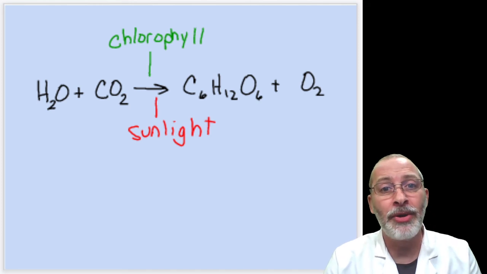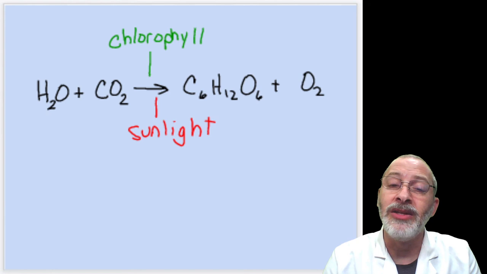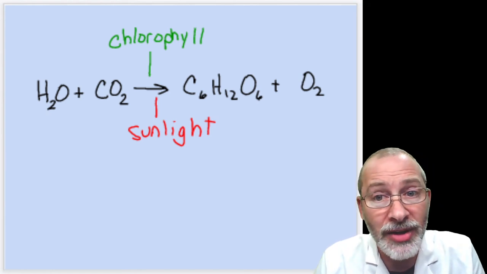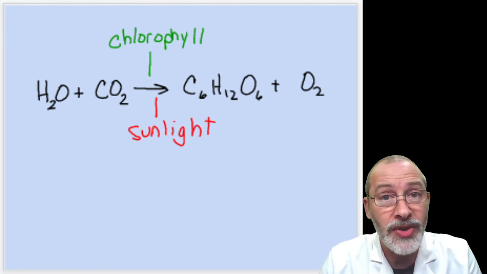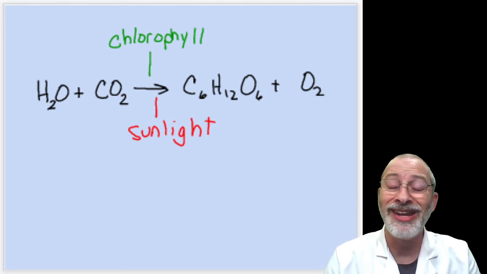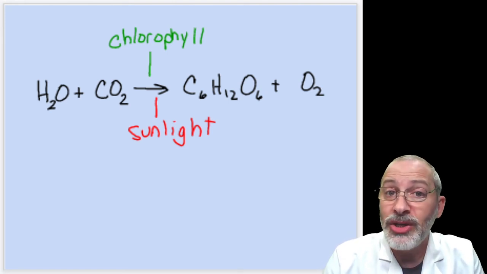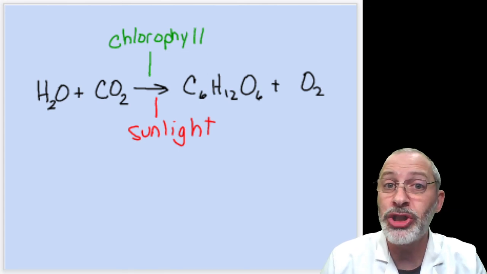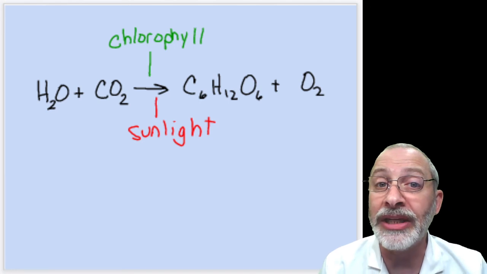Here we have a chemical reaction that takes place between H2O, water, and CO2, carbon dioxide. And the products are glucose, C6H12O6, and oxygen. This should be a familiar chemical reaction to you, especially given the hints in green and red.